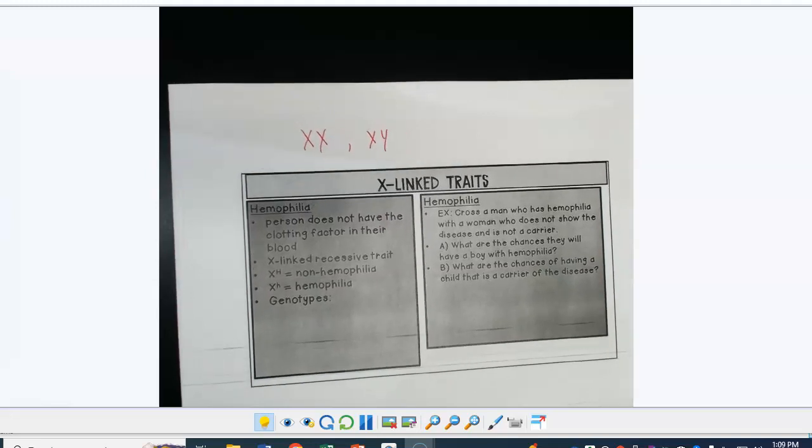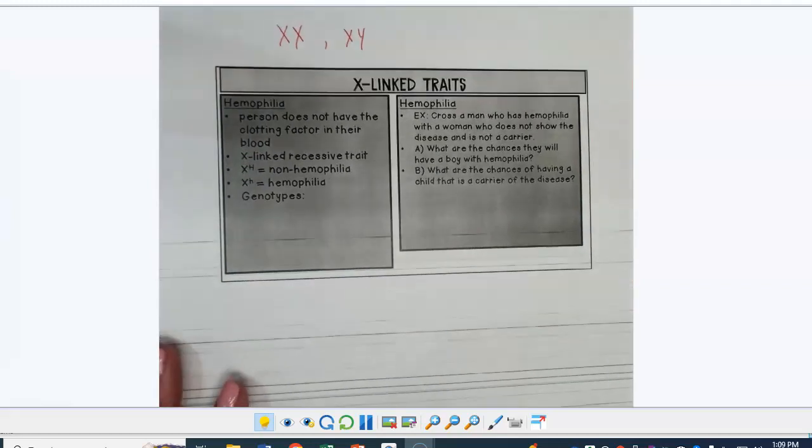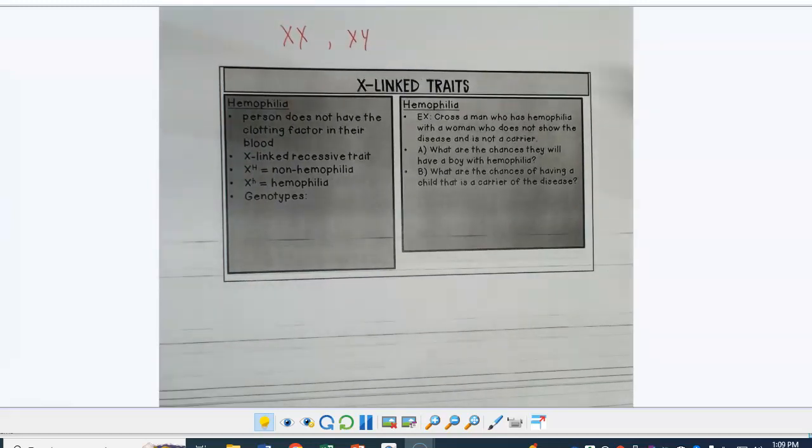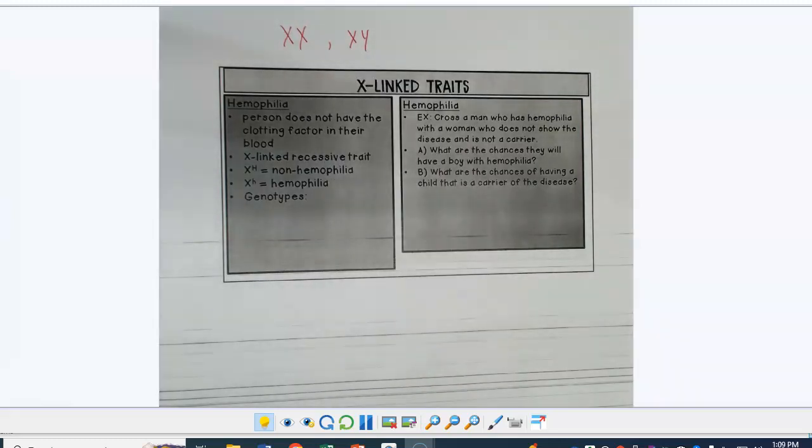And I just want to talk about 2 of them that are pretty popular that are carried on the X chromosome. So hemophilia, this is more like a disorder in which somebody does not have enough clotting factor in their blood. So if you fall down and scrape yourself, a lot of times when you bleed, it's going to scab over and eventually your cells will repair themselves and that scab will go away.